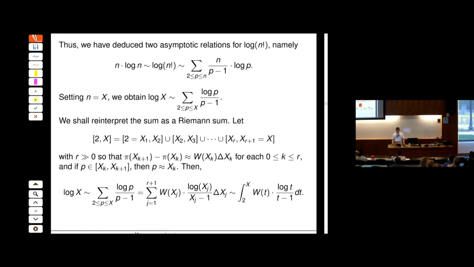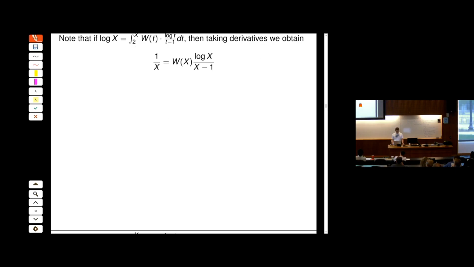Okay, so that tells me that log of x is approximately that asymptotic we found, and that asymptotic I can interpret as a Riemann sum, and that Riemann sum will in turn be approximated by a Riemann integral. So it tells me that log of x is approximately the integral from 2 to x of this density function times log t over t minus 1.